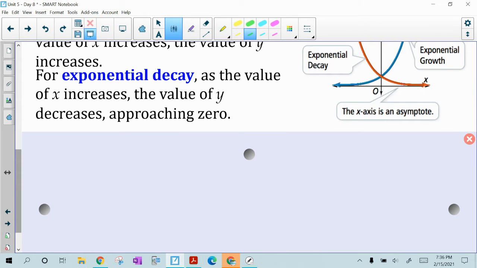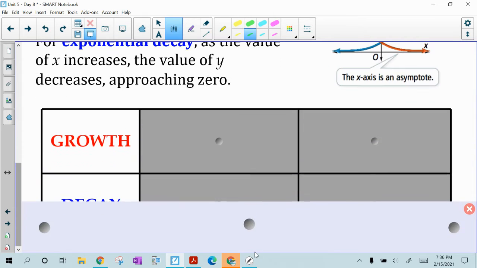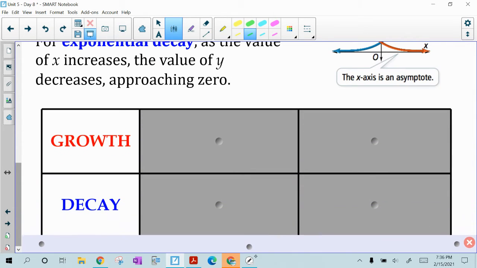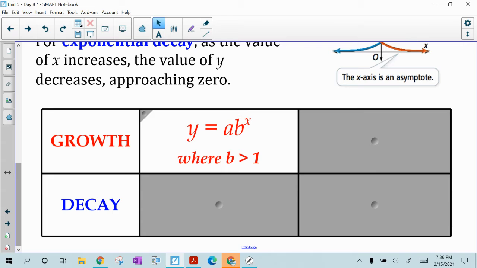Okay, so let's keep moving on this. And what I need to do is talk about how do you differentiate exponential growth versus exponential decay when all you have is an equation? Well, the first thing you do is you're looking at that expression, y equals a times b to the x.